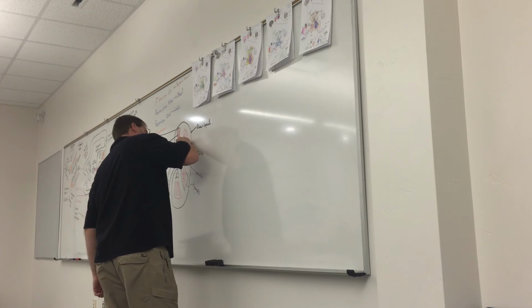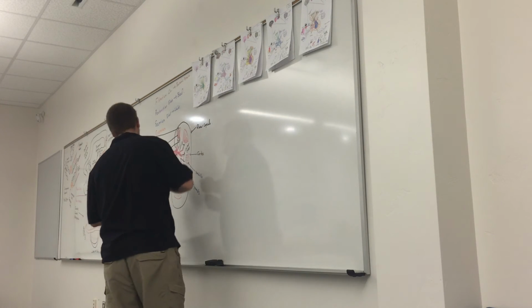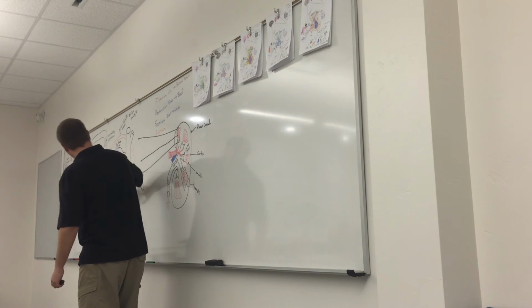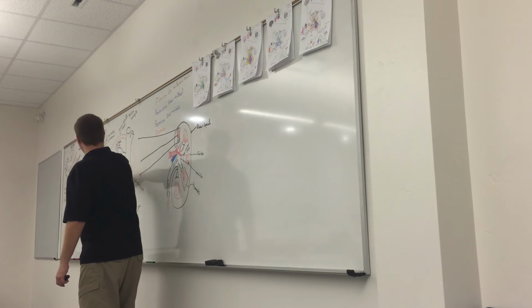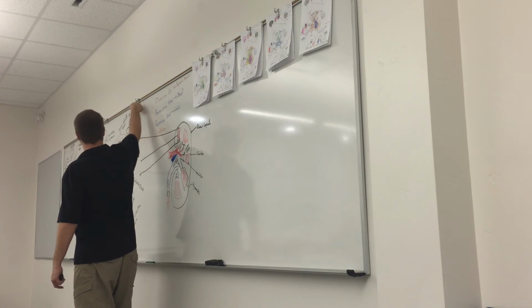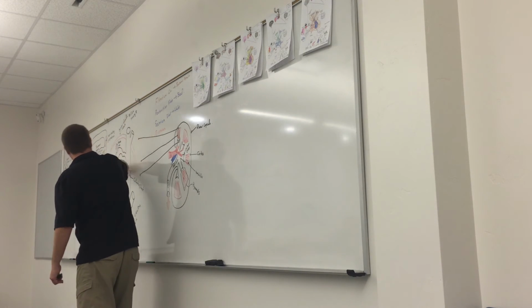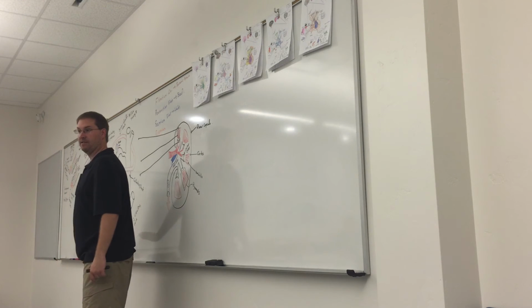Each medulla ends in a minor calyx. So these little collecting ducts, and see these little branches that I drew here? Each branch is a nephron, a distal convoluted collecting tubule dumping filtrate into the collecting duct. Does that make sense?